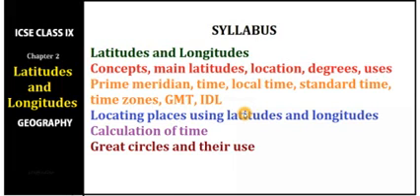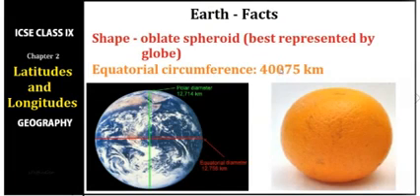Remember that latitudes and longitudes are only imaginary lines that have been drawn. Moreover, in our last class we discussed that Earth is not a perfect sphere. Earth has an oblate spheroid type of shape, because when it is measured, the equatorial circumference and the polar circumference are different.